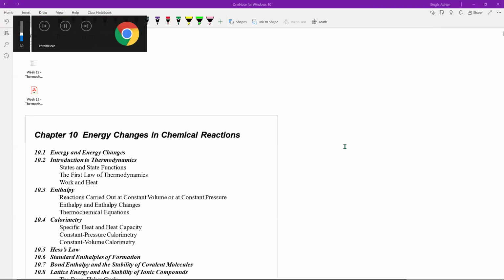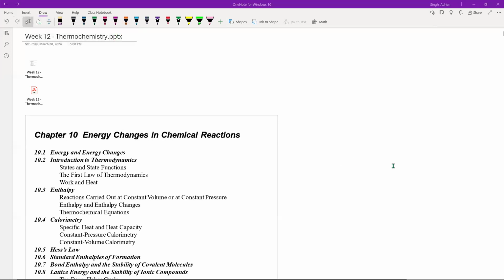Okay, so in this section, we are going to take a look at a very important part of most, if not all, chemical reactions, and that is the idea of energy changes that accompany chemical reactions.